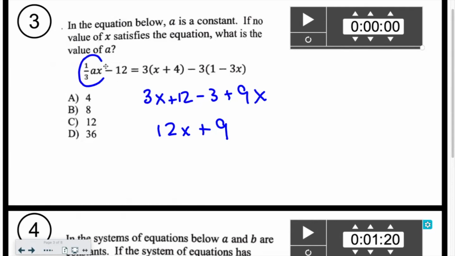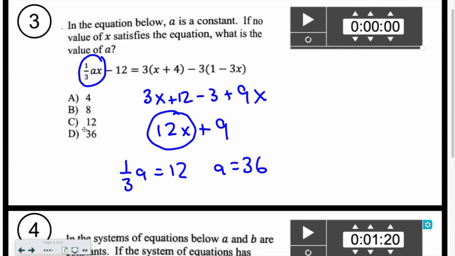You want the coefficient of x to be the same, which is like the slope being the same, and then you want the constant to be different, which is like the y-intercept being different. But that automatically happens. So really, we just need the 1/3 a to equal the 12. If you multiply by 3, a just has to be 36.